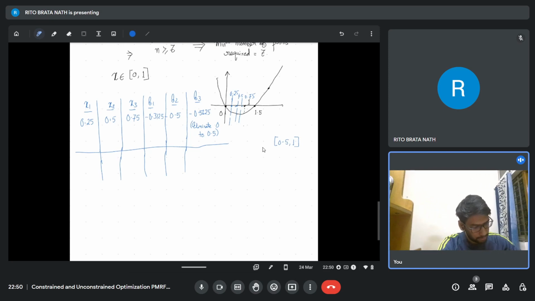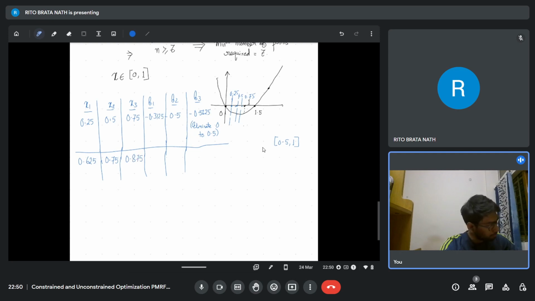And the 3 points will be 0.625, 0.75, and 0.875. And the function values at these points will be minus 0.54688, minus 0.5625 and minus 0.54688.